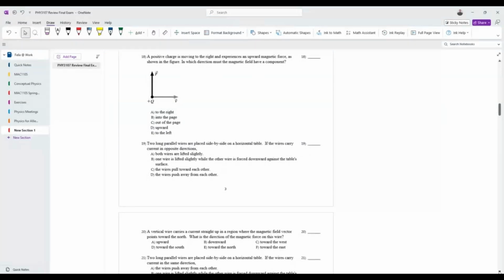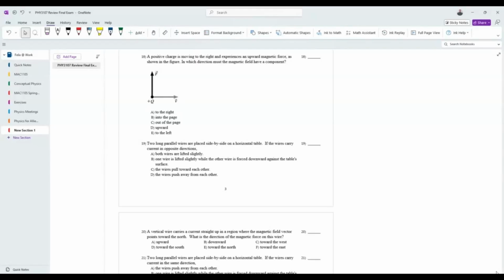A positive charge is moving to the right and experiences an upward magnetic force, as shown below. In which direction must the magnetic field have a component? So they give us the direction of the velocity, and they give us the direction of the force.